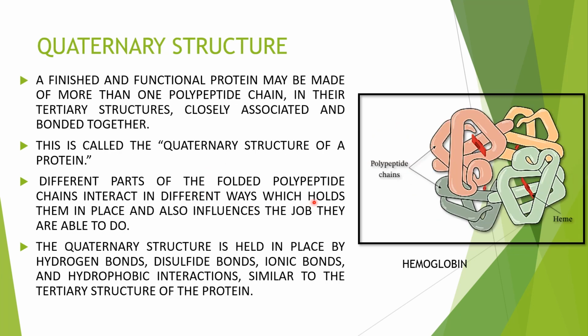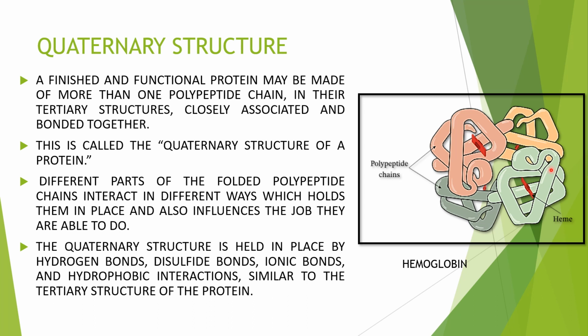The last level of organization is quaternary structure, which is nothing but the final product which we see. The polypeptides come together to attain this quaternary structure. So obviously you have more than one polypeptide chain involved, and each polypeptide chain is differently oriented.